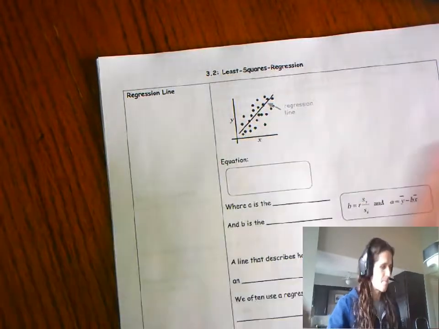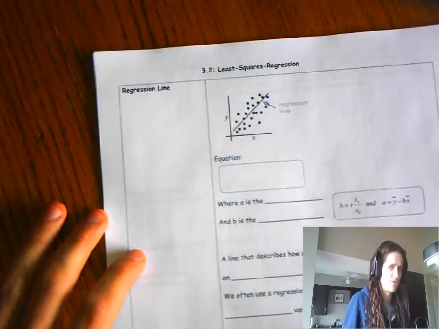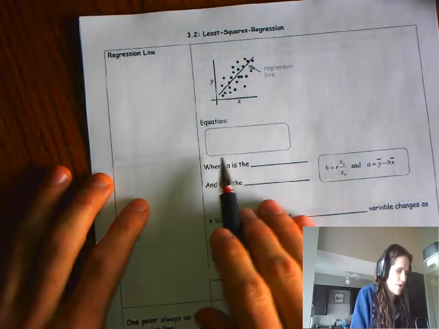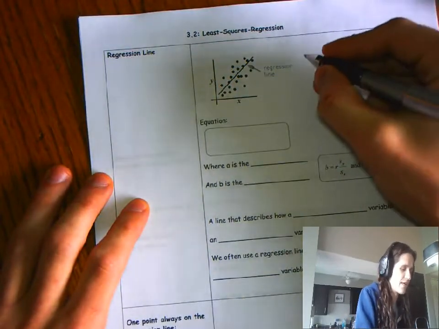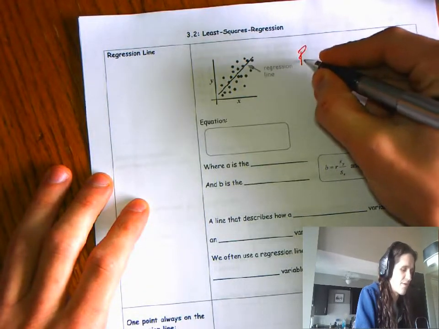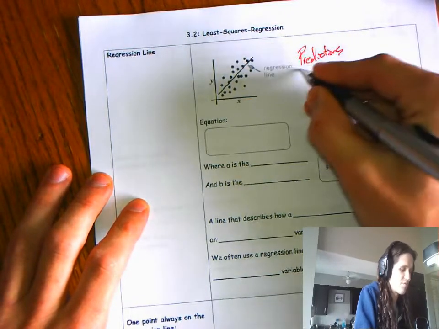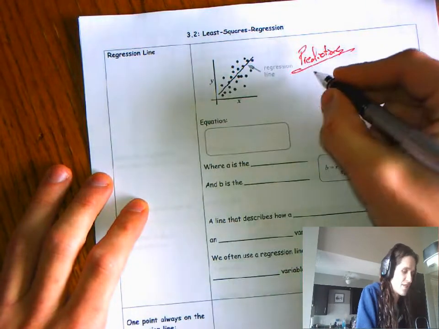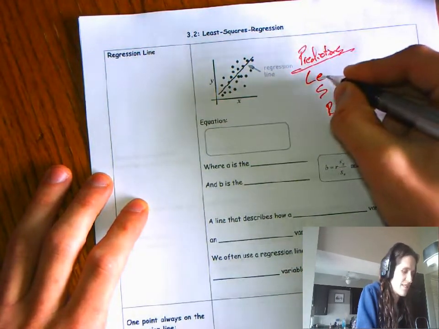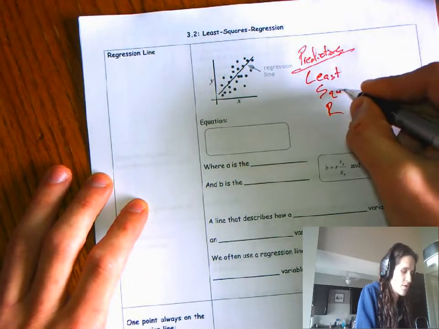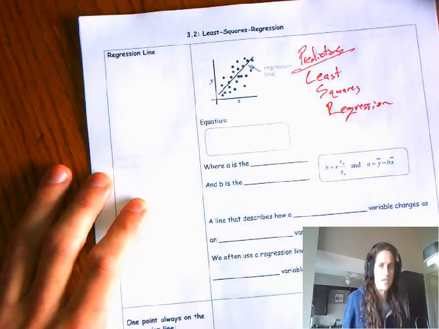Okay. So let's get into it. 3.2, least squares regression. We're going to create prediction equations. That's the first thing I want to make clear. We're going to make prediction lines. These lines make predictions. We're going to call these lines LSR lines, least squares regression. What is that talking about?